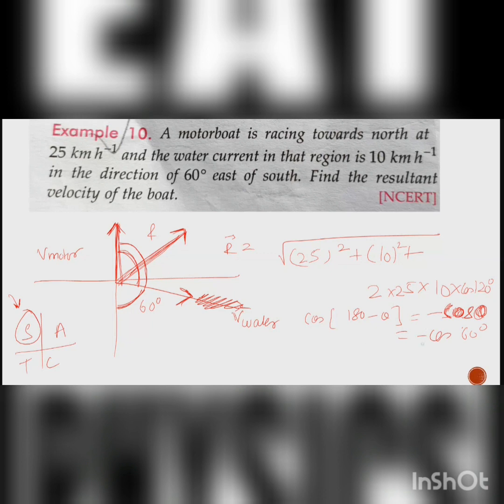So if we put the values, we will get the value of our result. Clear? So resultant comes out to be under root 125 plus 100 plus, no, now it becomes minus 2 into 25 into 10 into minus half.